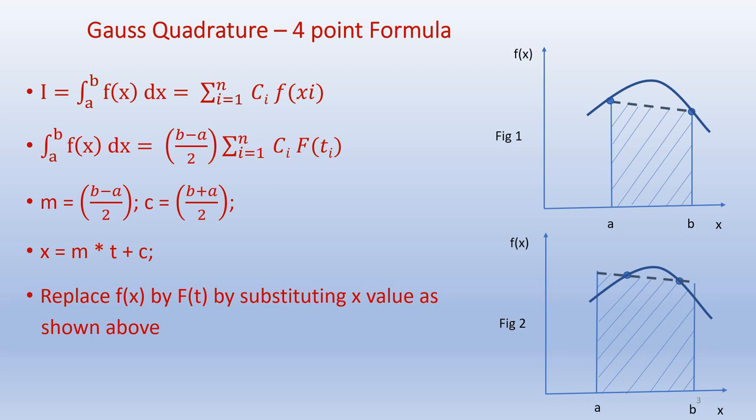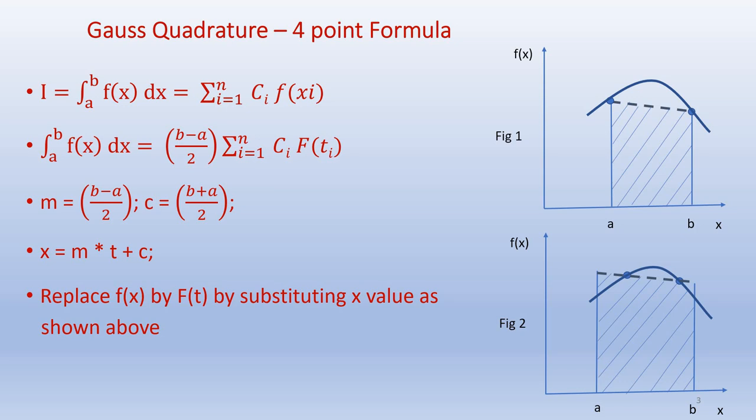Here we need to do a coordinate transformation from x_i to t_i as shown below. We evaluate parameters m and c as shown, where m equals (b minus a) over 2 and c equals (b plus a) over 2, and x equals mt plus c.